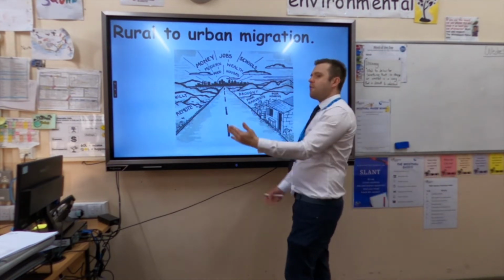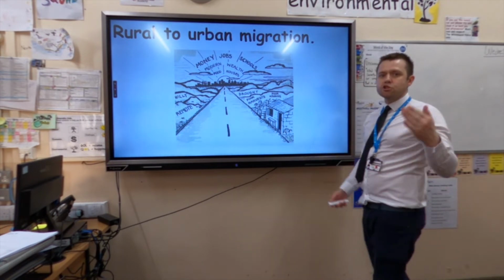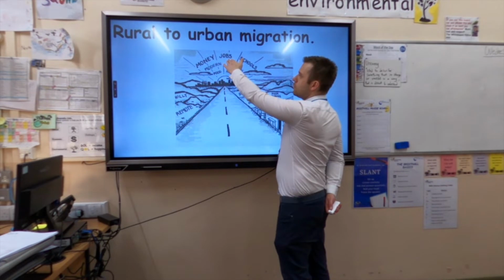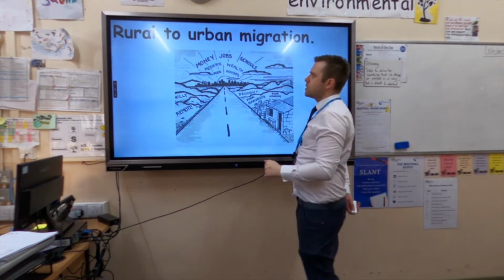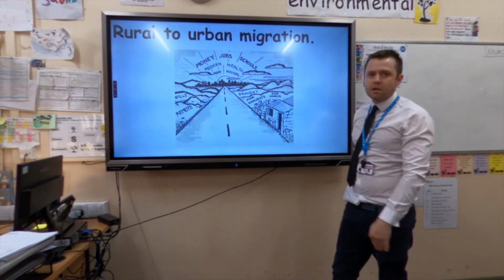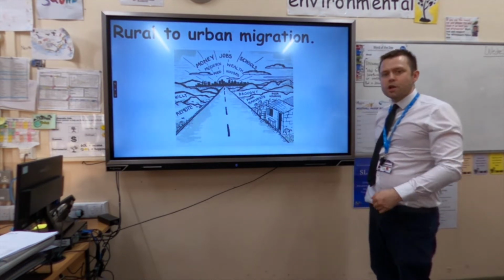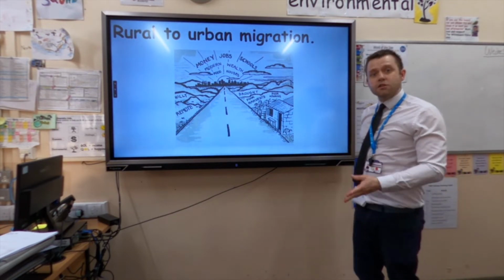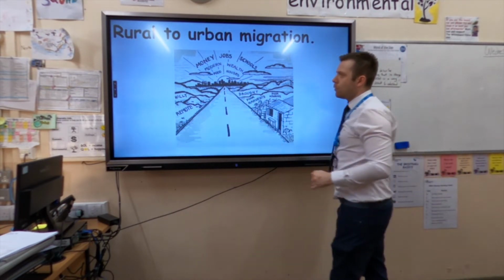Whereas in the city there are pull factors that are attracting people to these areas, such as more money because of more jobs, better education because of more schools, bigger choice of food, better quality housing, more transport infrastructure, and more healthcare in terms of hospitals. So those are push, these are pull factors.